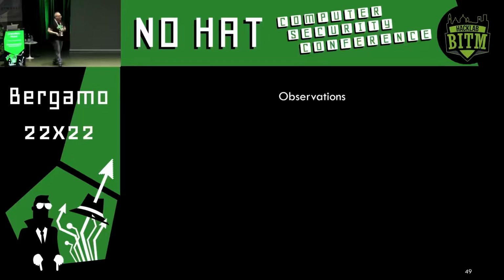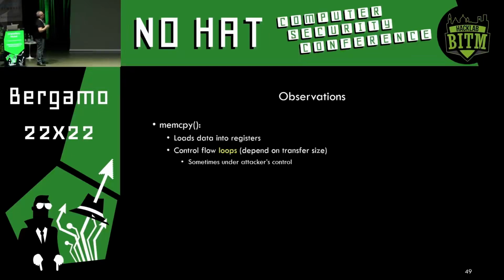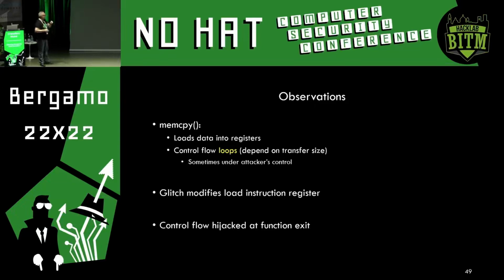And there are a few reasons, which allow me to basically conclude my talk. The memcpy actually loads data into a register. There is a load instruction. That load is done in loops. How many loops? Depends on the size being transferred. When you glitch, you modify the instruction so that it loads this into another register.